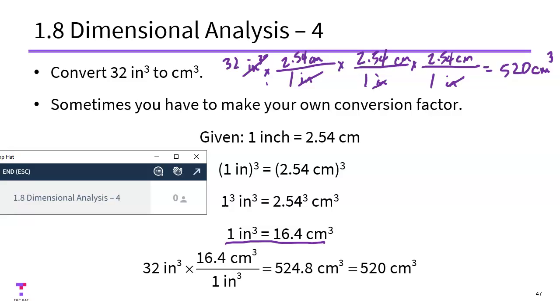So I can attack it at the conversion level, like the bottom example, or I can attack it at the dimensional analysis level and just make sure that I do the conversion the proper number of times. And if this was a square instead of a cube, I would do things twice instead of 3 times. I would square the conversion instead of cubing. So that's one kind of conversion that can be problematic, let's say, for some people.